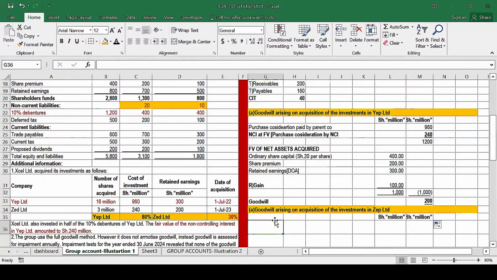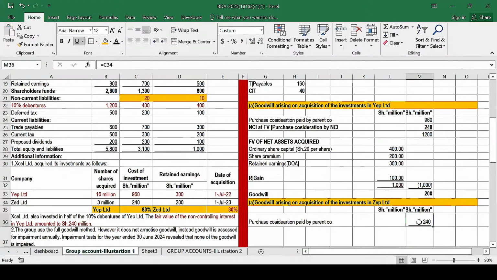So what we start with here is the purchase consideration paid by the parent. Let me copy this. Where do we have that? We have that in note 1 here, an amount of 240.